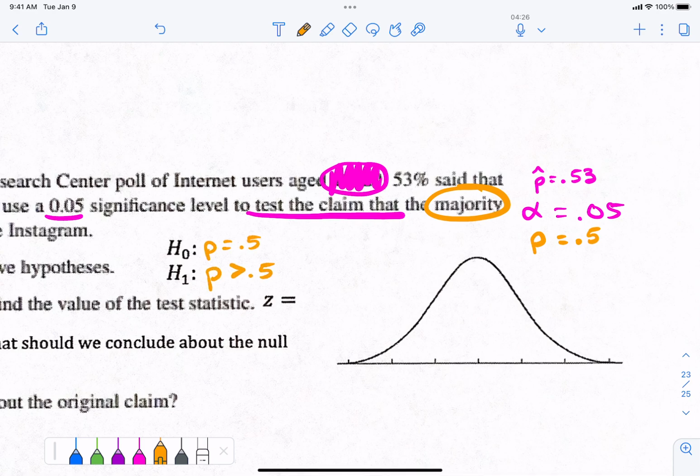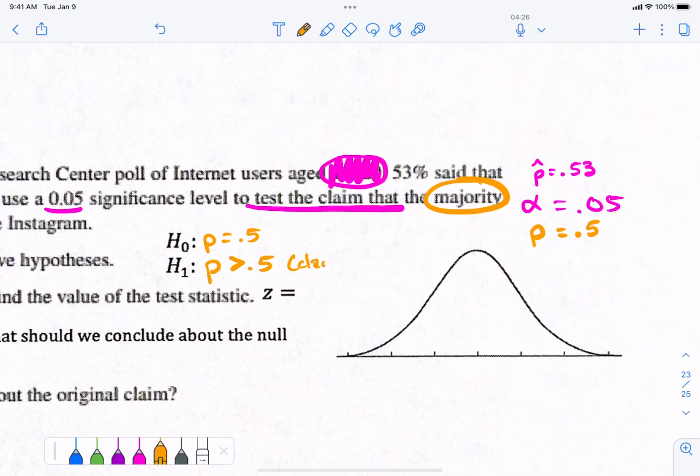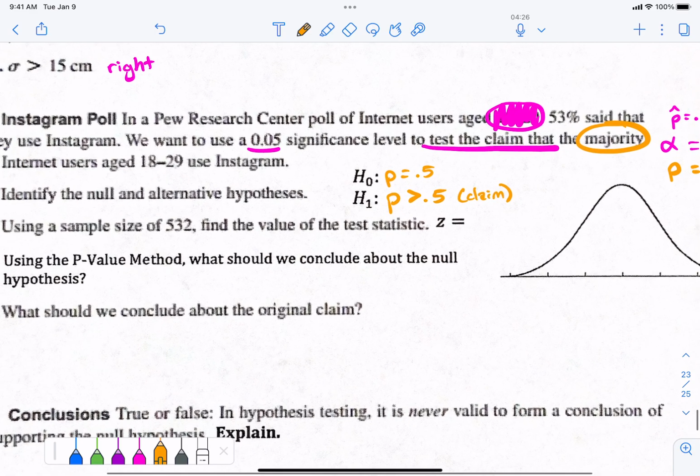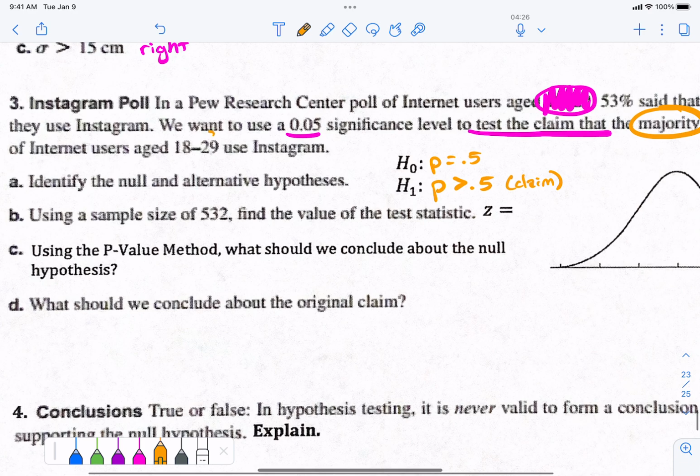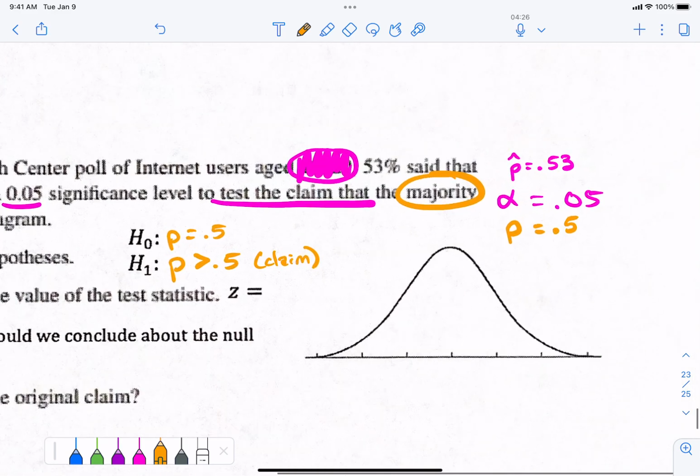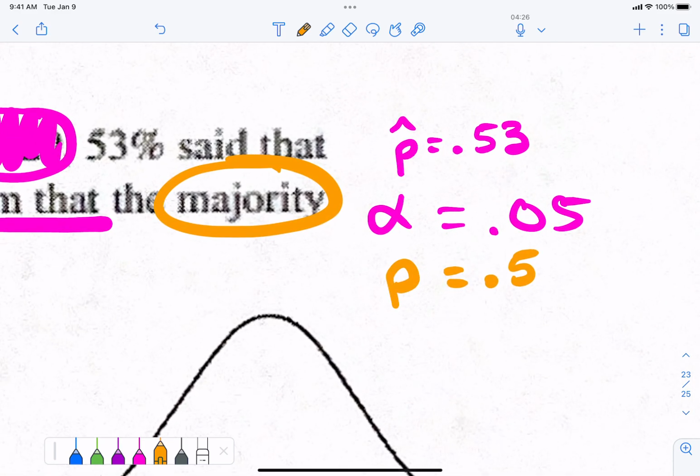Majority means more than half. So which one is my claim for my hypotheses? The bottom one, right? Does this make sense? So majority use Instagram. Our number was 53%, which is a majority.